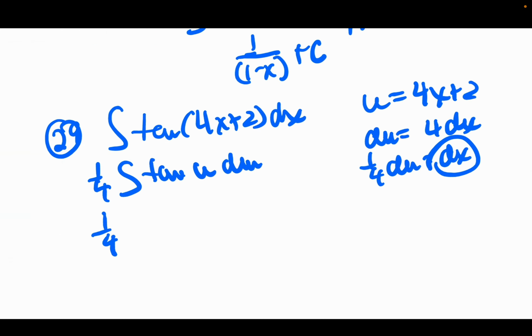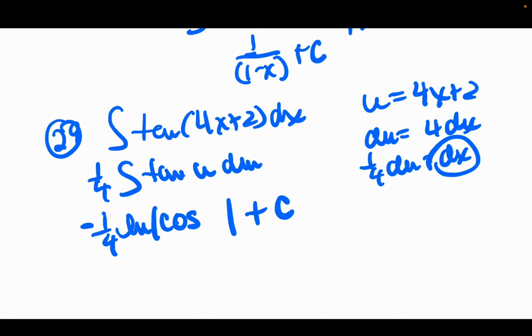The antiderivative of tangent, you'll have to memorize, is ln. You can use either secant or negative cosine, either one that you like the best. I'll use negative ln cosine u plus c.